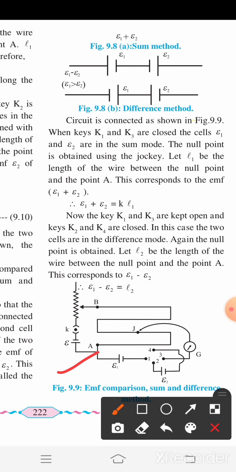In this, cells E1 and E2 are connected using these two methods, sum method and difference method. First we connect these two cells E1 and E2 in sum method, that is, the positive terminal of cell E1 is connected to the negative terminal of cell E2 using the four-way key.